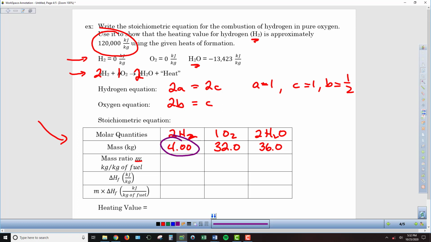I'm trying to get the mass ratio with respect to the fuel. So I'm always going to get 1 as an answer here, because I'm always going to divide the mass of the fuel by itself. And then I have 8 kilograms of oxygen per kilogram of fuel, and then I have 9 kilograms of water per kilogram of fuel.